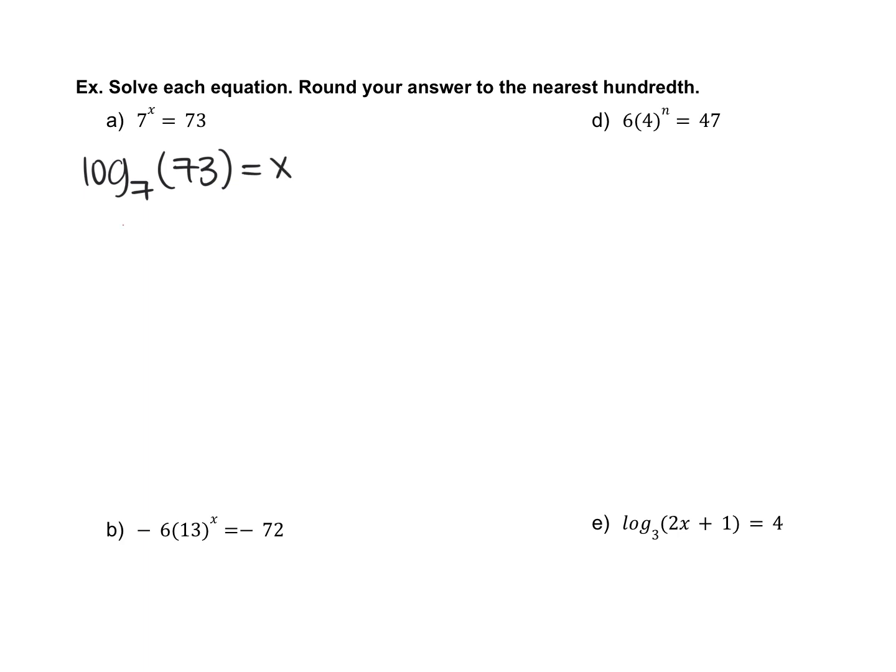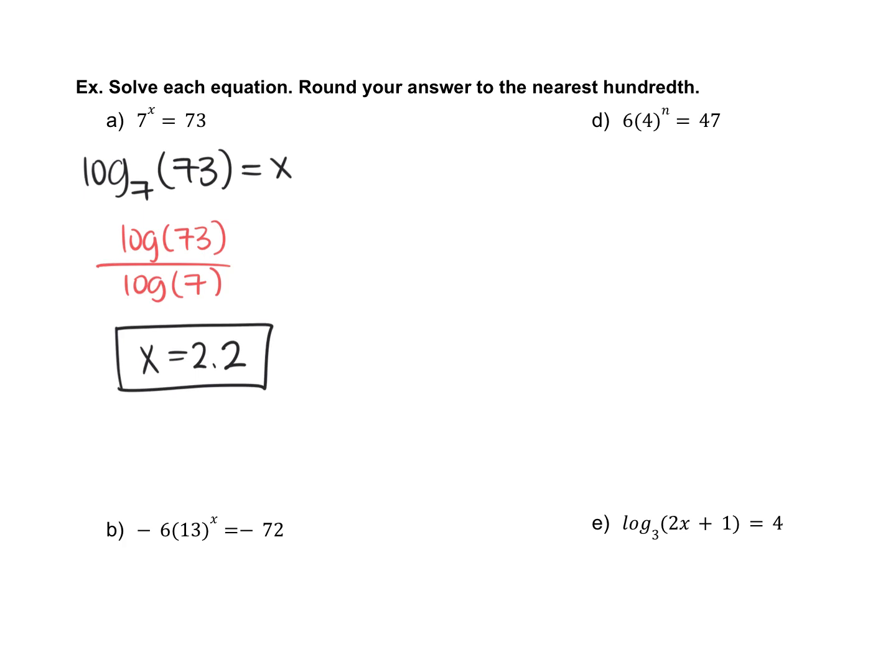Using change of base formula, we're going to do log 73 divided by log 7, which is going to give us x equals 2.2. It's technically 2.20, but you don't have to write the 0.